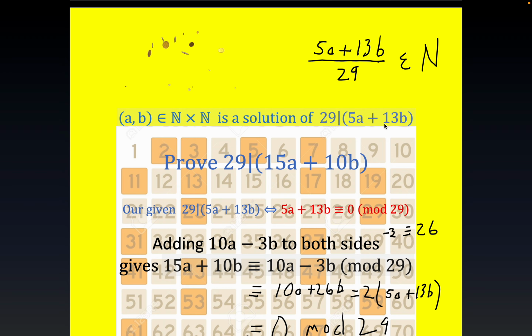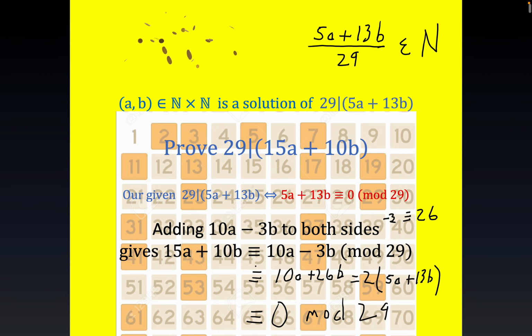And then you'd have to do manipulations to get to this, where you recognized it as 29 dividing 15a plus 10b. All these things I'm doing at the modular arithmetic level, treating it like equations, is justified from first principles. If you take a number theory class, you can prove why treating divisibility like an equality actually works.